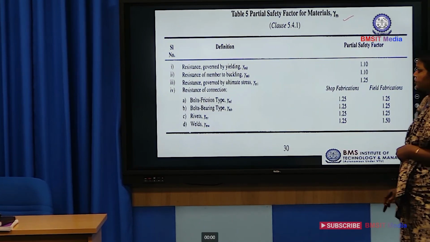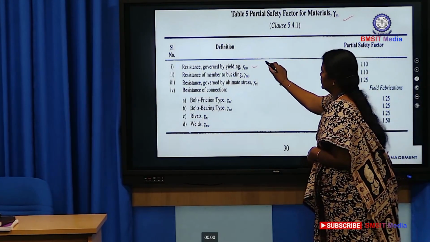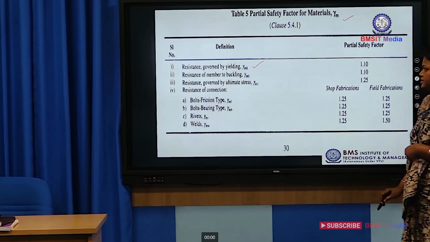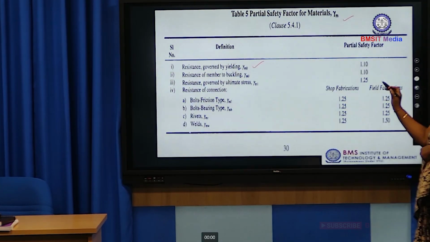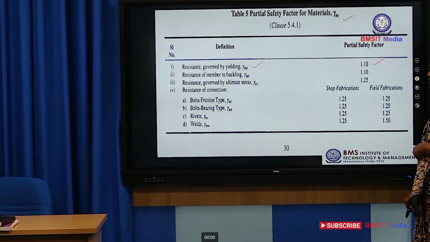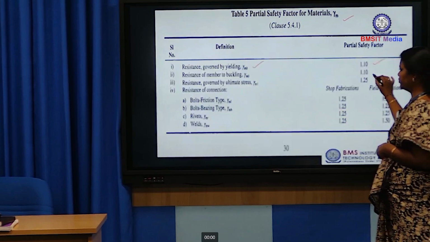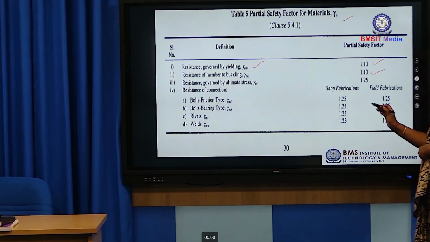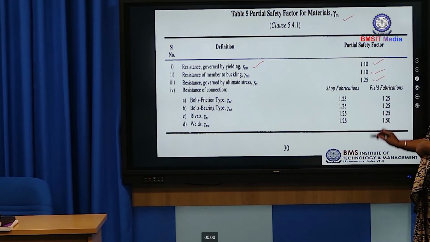Resistance governed by yielding, the symbol is gamma m naught. In that case we use 1.10. Next one, resistance of member to buckling, 1.10. Resistance governed by ultimate stress, 1.25.